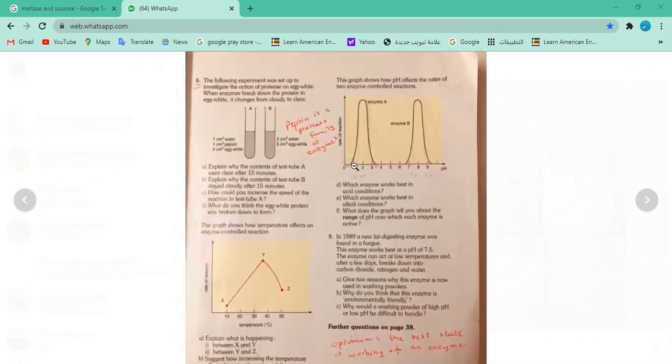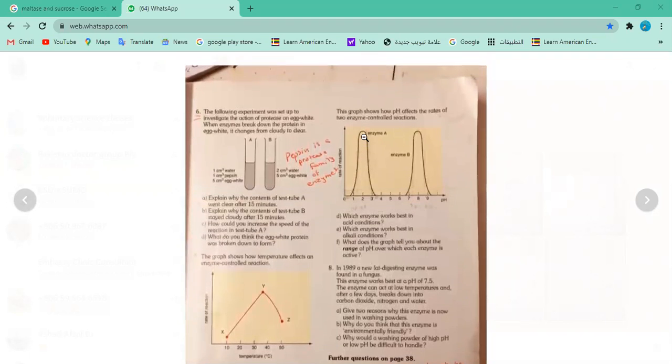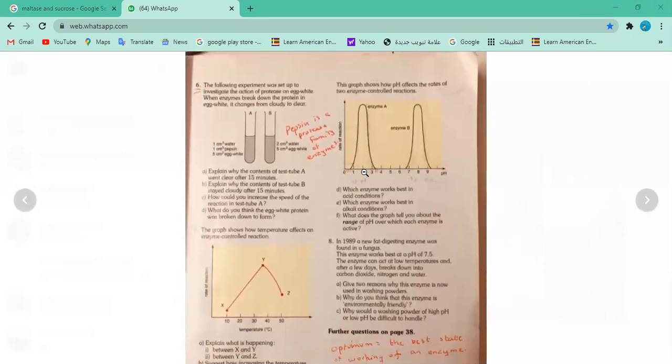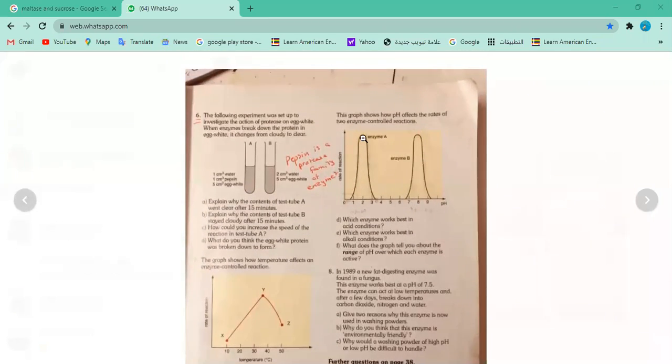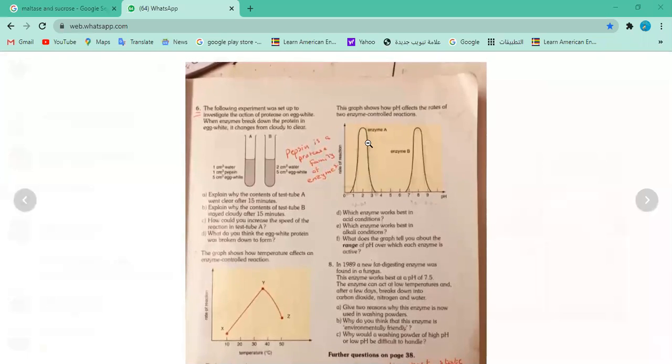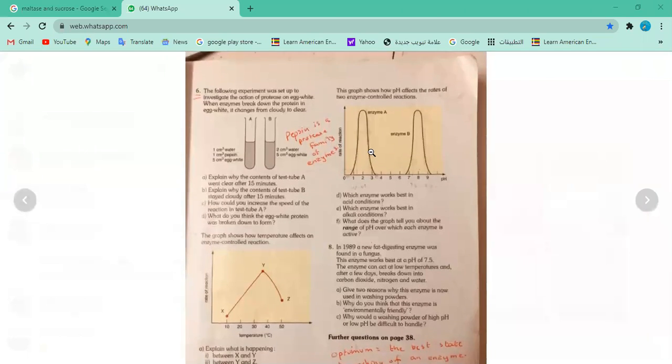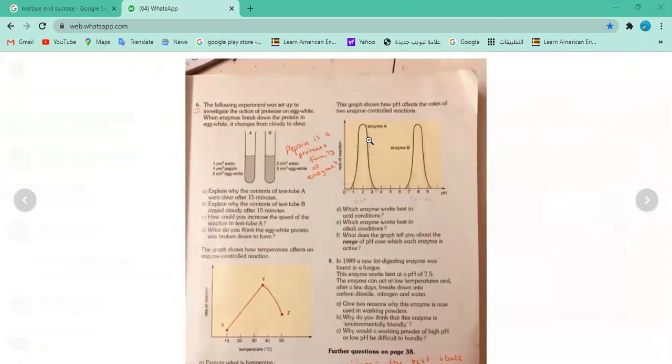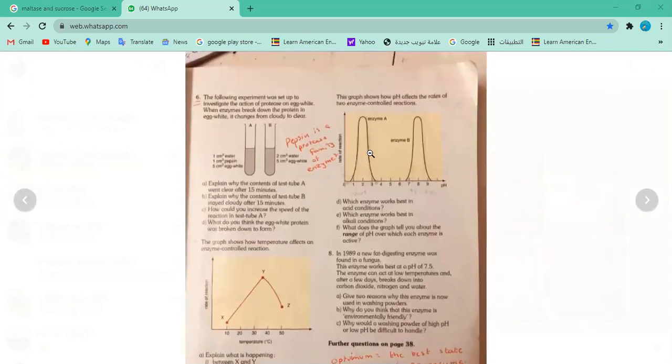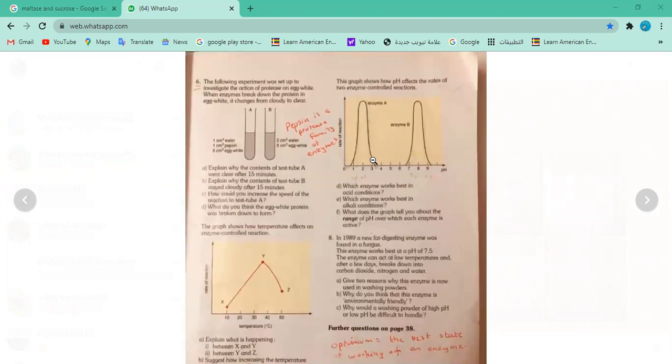So starting from 1, it's increasing, 1.2, 1.3 till 2, which is the maximum here. This is the optimal pH where the enzyme is very active. If you go further, you still have enzyme reaction, but it's declining gradually. Can you see my cursor? Yes.